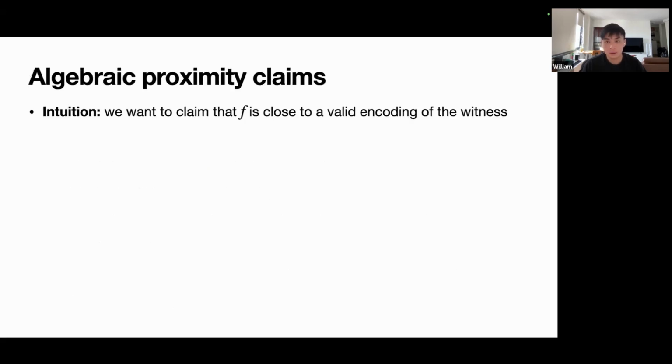Okay. So the high-level approach is that we're going to define what I call an algebraic proximity claim. Intuitively, not only do we want to claim that a vector F is close to the code, but we also want to claim that F is close to a valid encoding of the witness. So the specific code word that F is close to decodes to a valid R1CS witness.